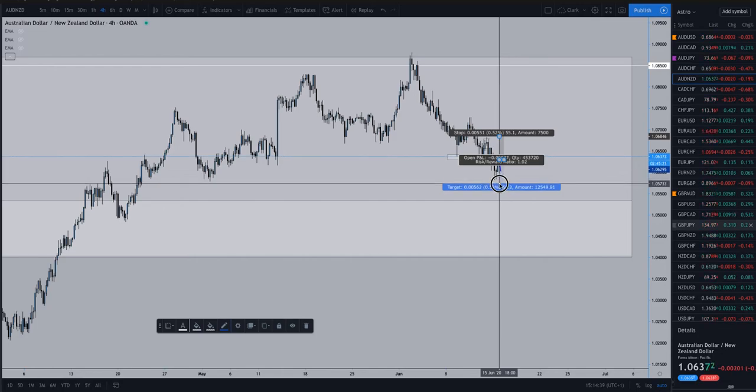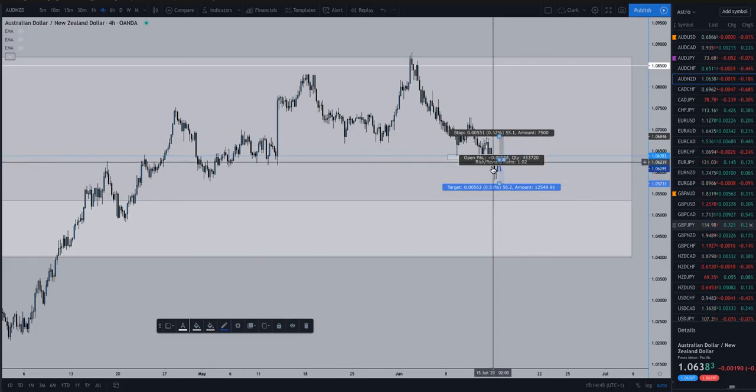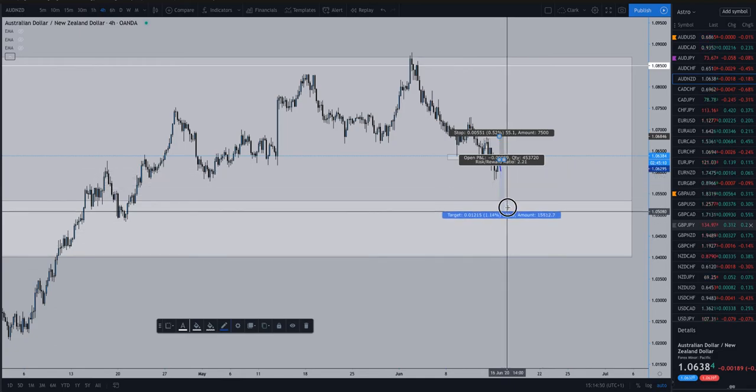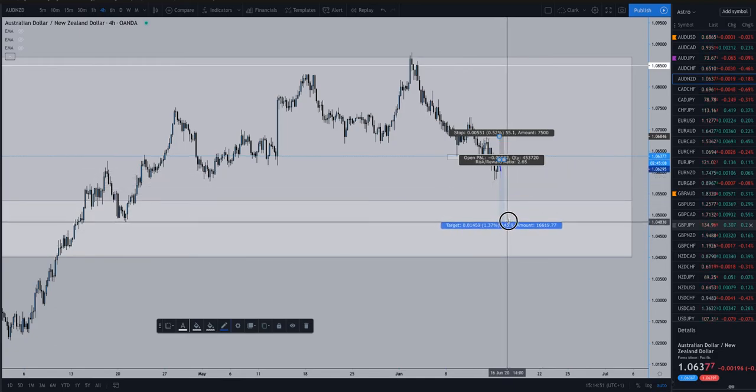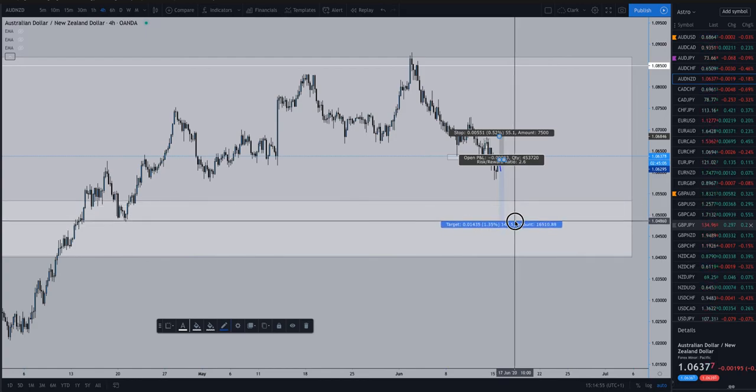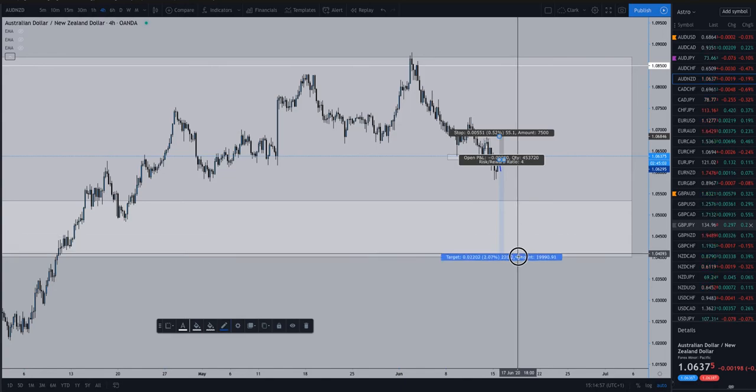You could take a little profit at a 1 to 1 and then move your stop down to the structure that formed and be above that, and then extend your target to here. See, top of the box, bottom of that structure, top of that structure, and you could go here.